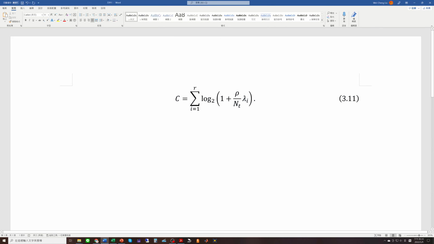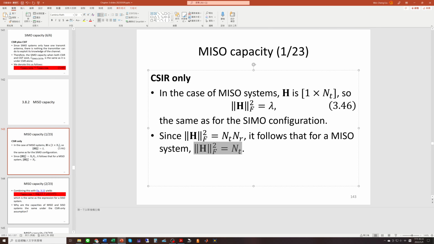Let us write it here. And on the same page, we know that the square of the Frobenius norm of H is equal to lambda.